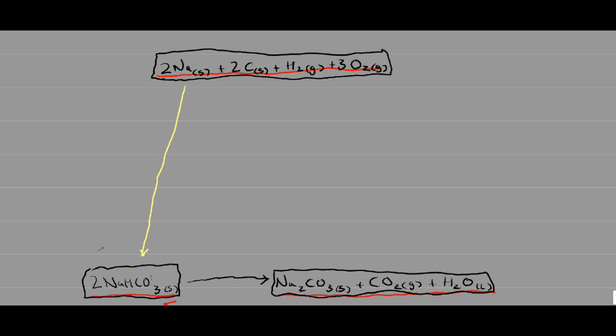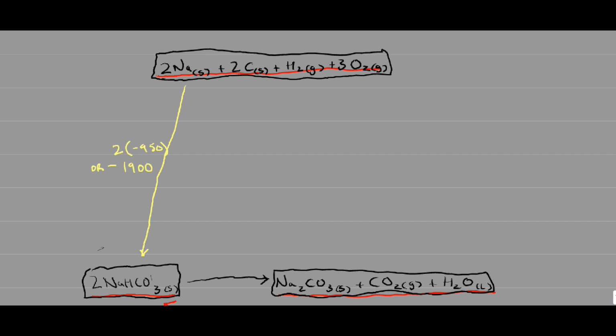So delta H of formation of sodium hydrogen carbonate is 950, and we're making 2 moles of that, 2 equivalents. So let's say this is 2 minus 950 or minus 1900.